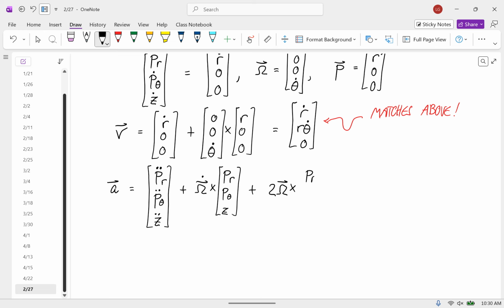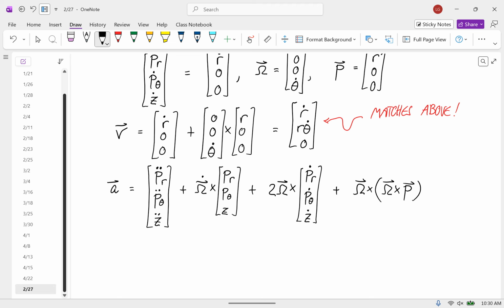So that's P_r dot, P_theta dot, Z dot. And then plus capital omega cross quantity, capital omega cross P.